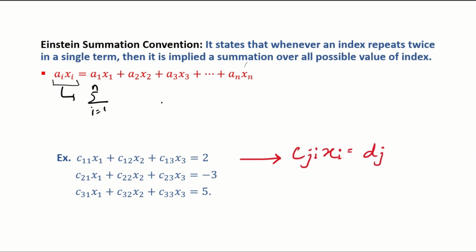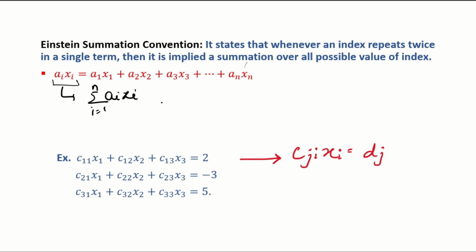Suppose i takes values from 1 to n, then it will represent a sum of n terms, and when you expand it you will get a1 x1 plus a2 x2 plus a3 x3 and so on up to n terms. So basically Einstein summation convention simplifies this summation, and by using this you can write this summation into a single term.